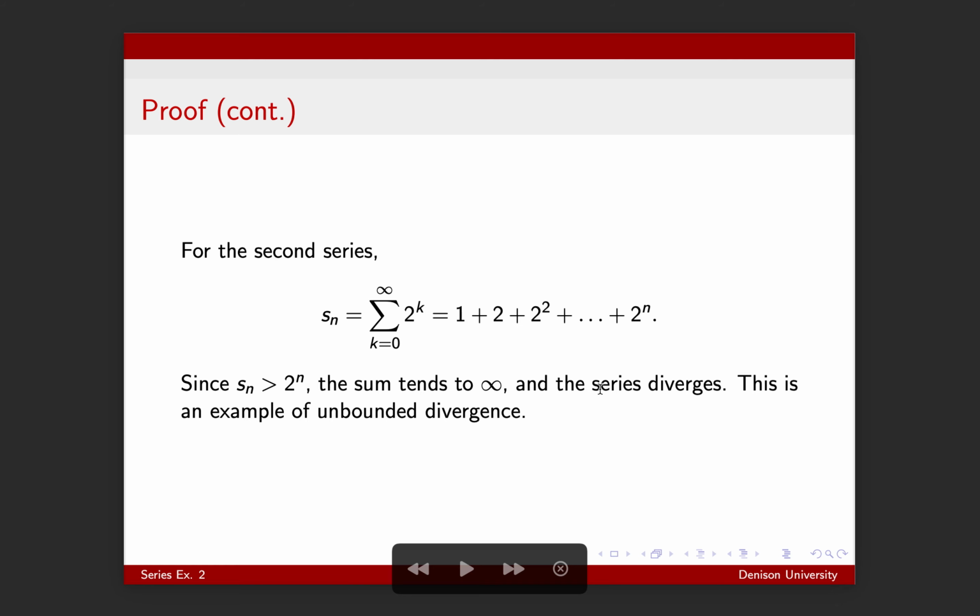And this tells us that since the partial sum tends to infinity, the series diverges. So this is an example of unbounded divergence because we have the series diverging to an extreme like infinity here.